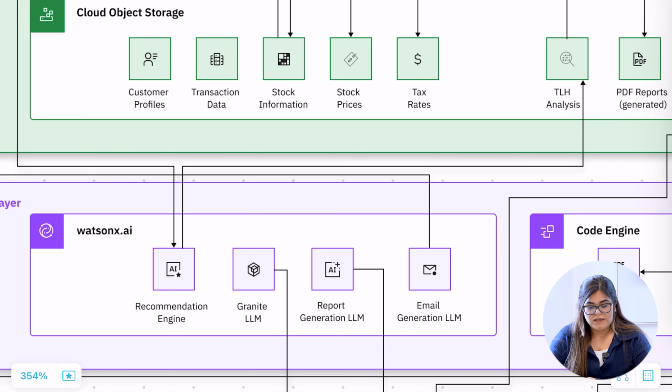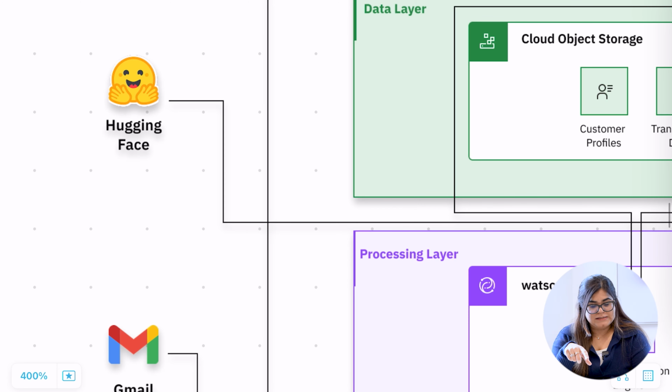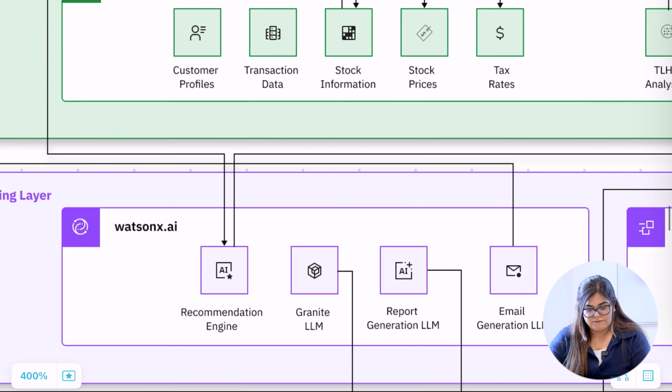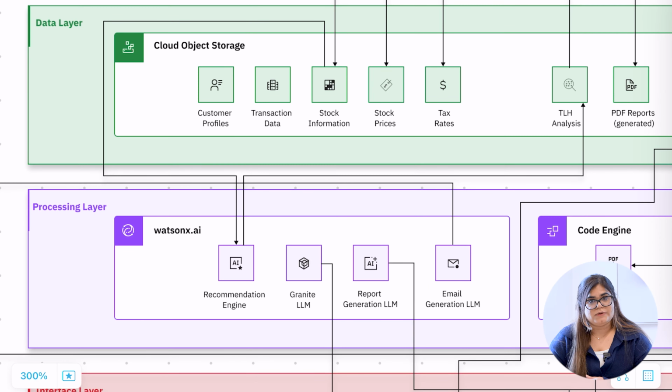Finally, we have an email generation LLM, which is imported from the Hugging Face open source platform. It is a Falcon model that we have imported as an email generation LLM, which makes sure that we are generating client-ready emails to send to our customers.